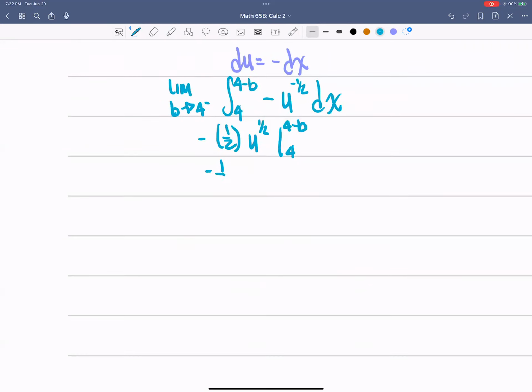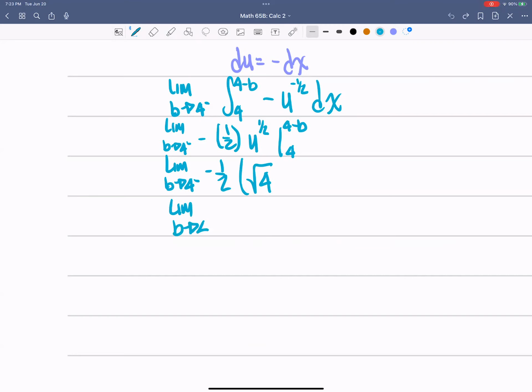So negative 1 over 2, we have the square root of 4. Oh, we forgot about the limits. So the limit as b approaches 4 from the left.